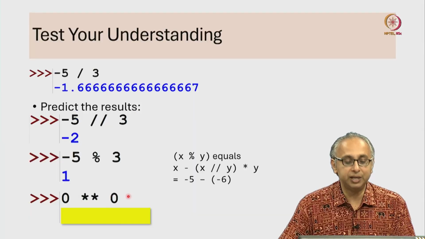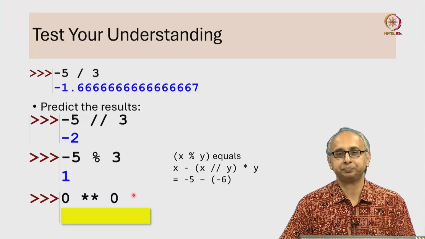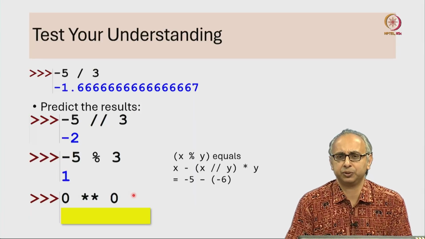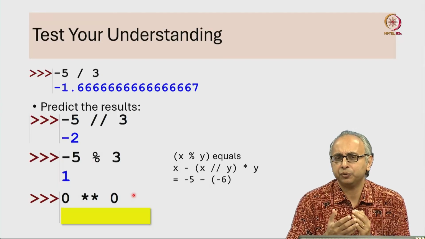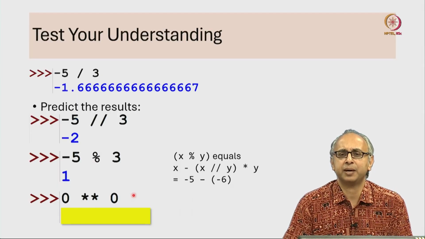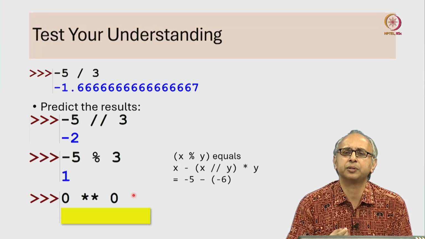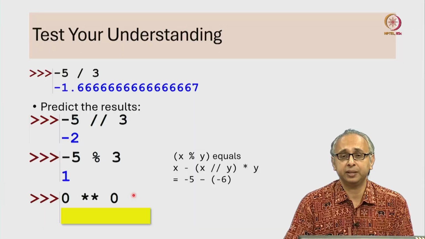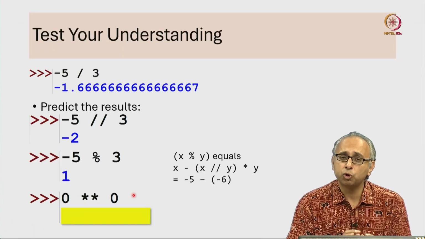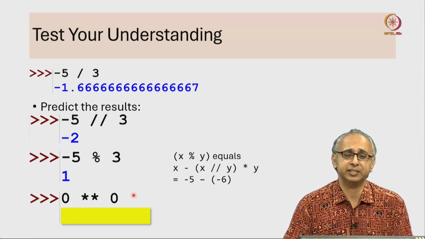Now coming to 0 to the power 0. It might seem reasonable to you that this is going to result in some sort of an error, because if you consult most mathematics resources, they will tell you that this is not well defined, 0 to the power 0. And it could have been that the developers of Python chose to treat this as an error.